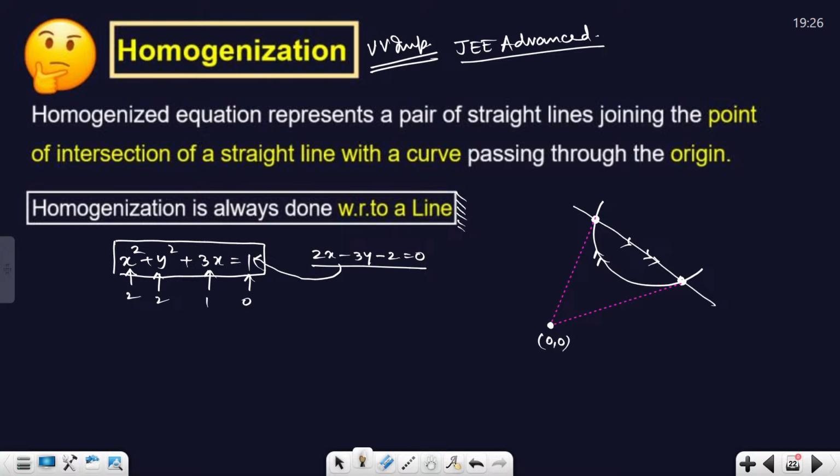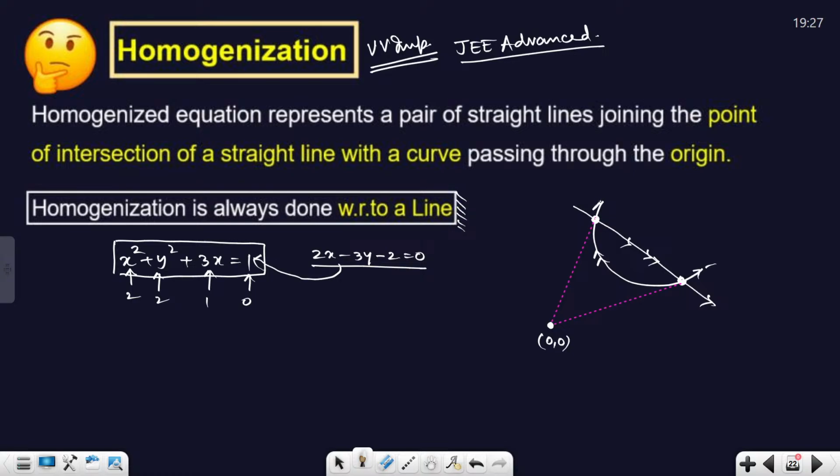Again, I'm telling you, homogenizing means you always homogenize any equation, any curve, with respect to a line. Suppose this line is given and this curve is given, and this curve is not a homogeneous curve. So how to make that curve homogenized? This line is intersecting the curve at these 2 points.